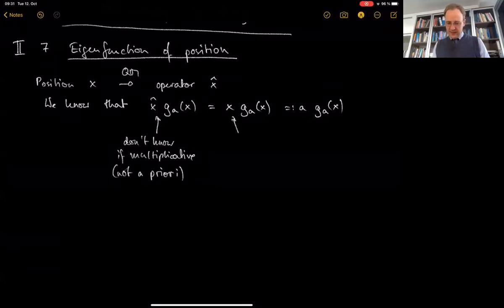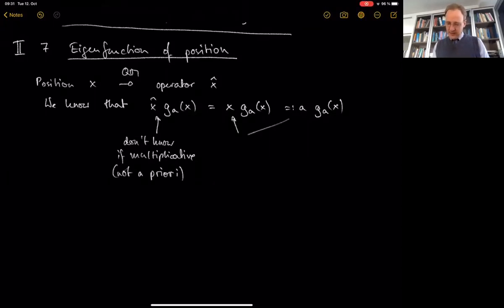But simply a variable X or a number A is certainly multiplicative. So good news. By the simple definition, we now can assume multiplicity, that things are multiplicative.